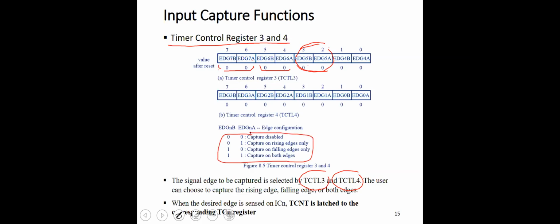So if these 2 bits are 0, 0, then the input capture is disabled. So nothing happens when the event occurs. 0, 1 captures on rising edge, 1, 0 captures on falling edge, and 1, 1 captures on both edges. So when the rising edge occurs, for example, there will be a capture. When a falling edge occurs, the module will also capture the time as well.